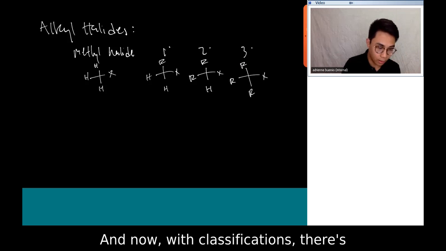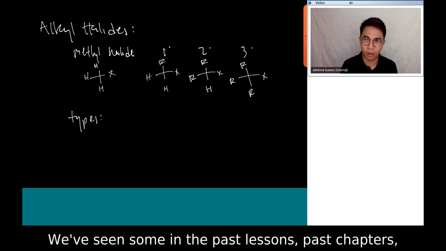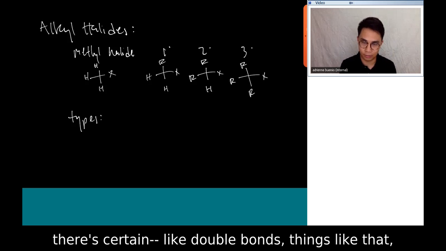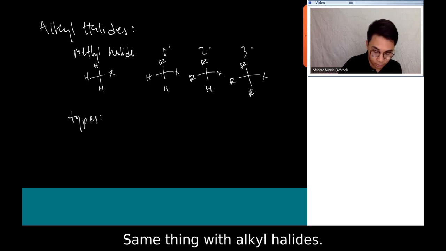And now with classifications, there are more terms or types that we're going to see. We've seen some in past lessons, past chapters, like double bonds, things like that, or groups. Same thing with alkyl halides.